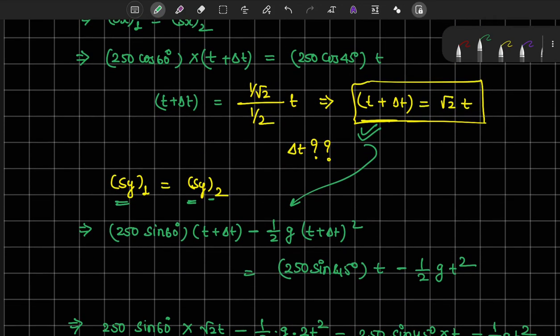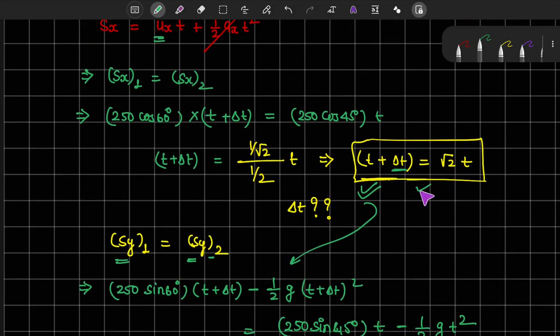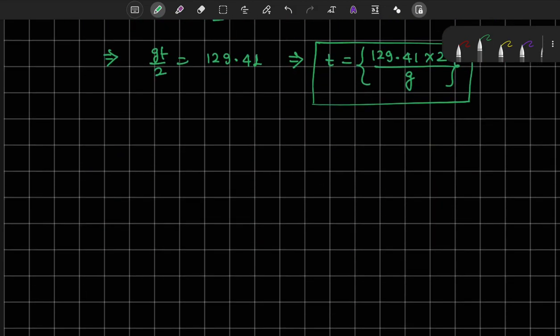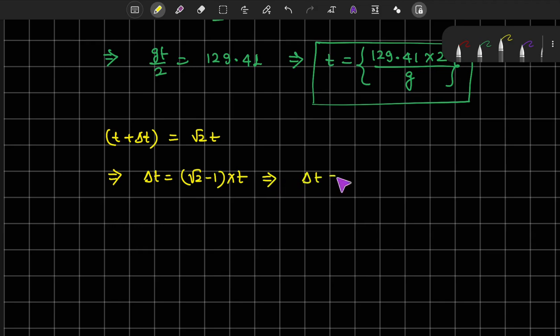Now we have to find the value of delta t. We can use the expression t plus delta t is equal to root 2 t. So delta t is equal to root 2 minus 1 into t, which is root 2 minus 1 into 129.41 into 2 whole divided by g.